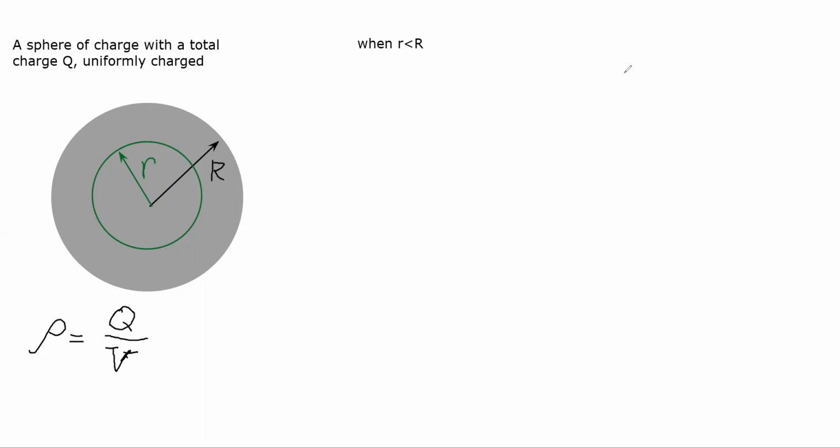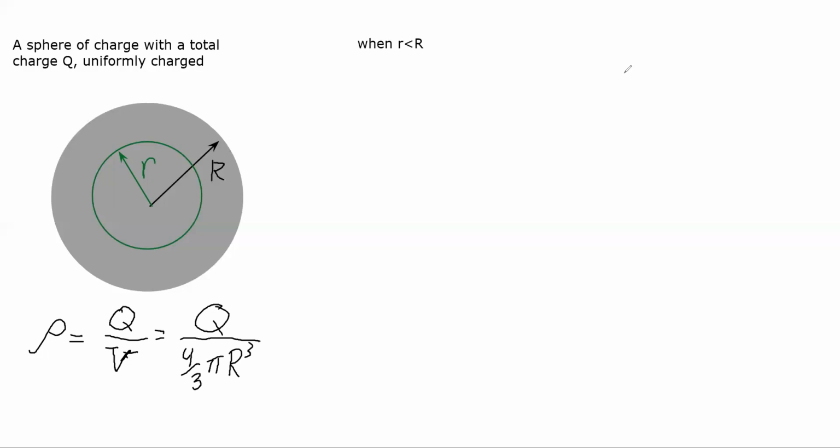In our case, we have a total charge Q, and the volume that this charge is dispersed in is that sphere with capital R, that gray sphere. So it's 4/3 pi R cubed, right? The volume for my sphere. So that's my charge density.